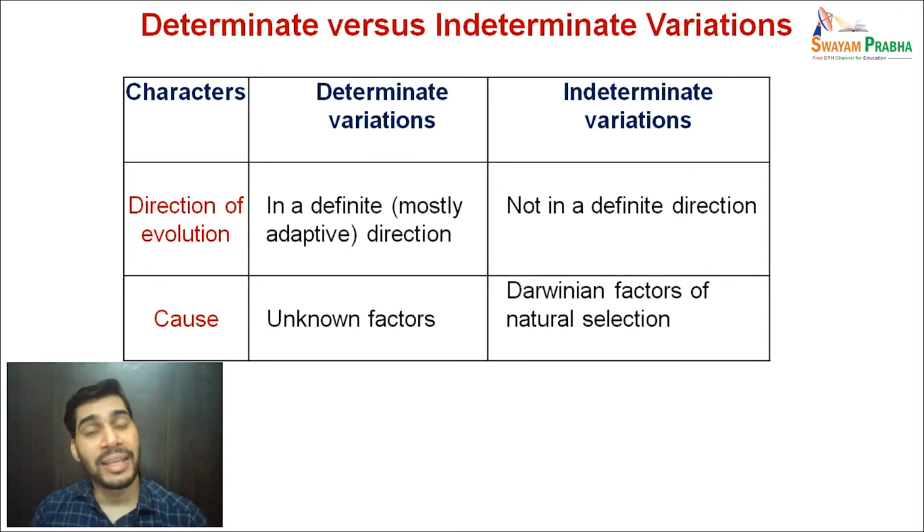Whereas in case of indeterminate variations, there is no definite direction of evolution which can be predicted in which the variations are happening. For example, if you talk about Darwinian factors of natural selection, we do not know in which direction it is going to happen. So that is in case of indeterminate variations. Whereas we do not know the causes of determinate variations.